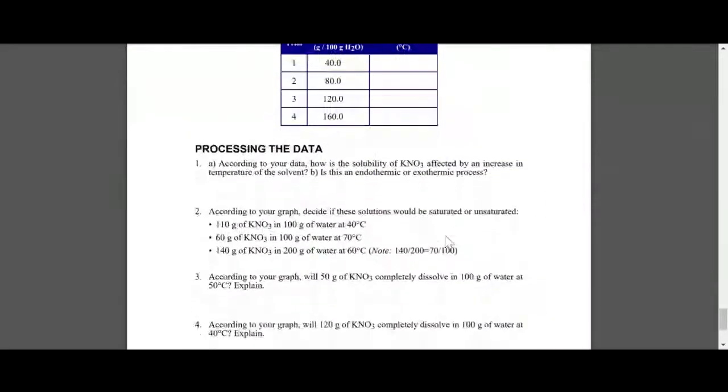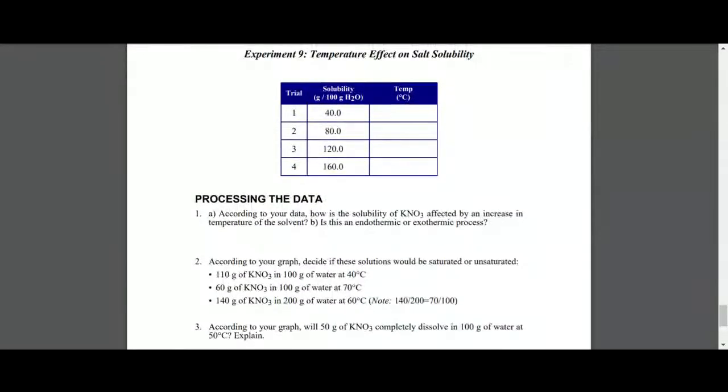Do you have any questions about the data sheet? So first you are going to record these four numbers that you have. Then you can answer these questions.